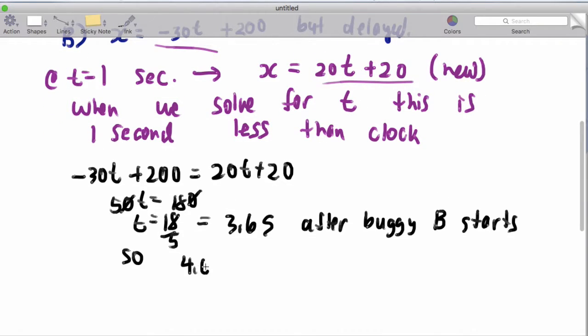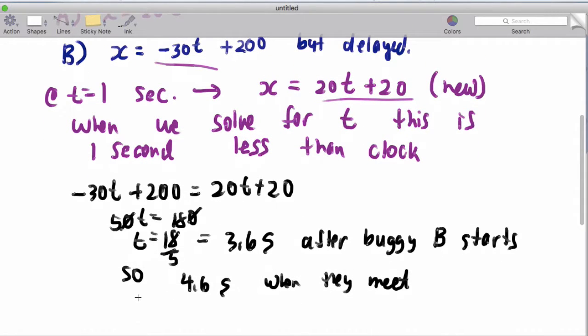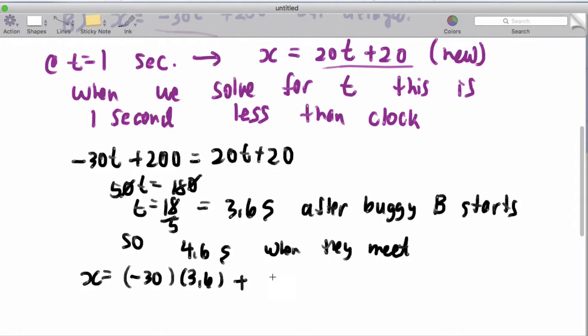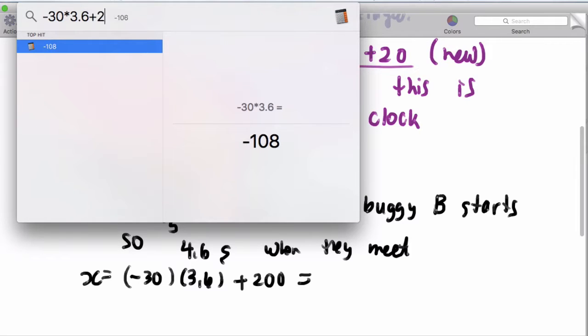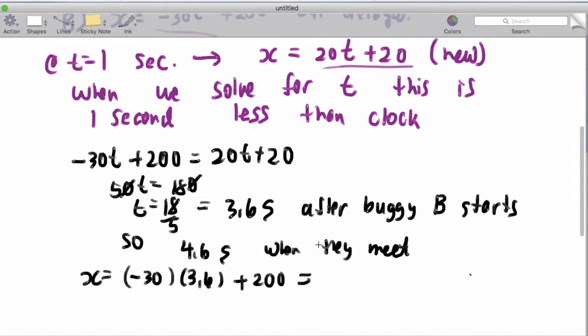So that's 4.6 seconds when they meet. Let's get that position using the buggy B equation. Where they meet, x is negative 30 times 3.6, because that's the only amount it covers, plus 200, and that gives us the 92 centimeter mark.